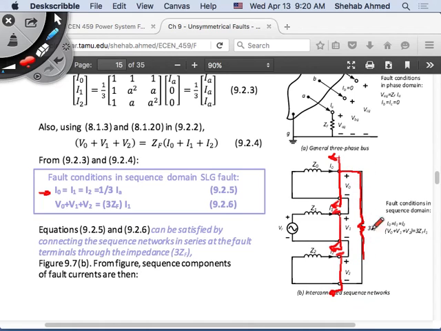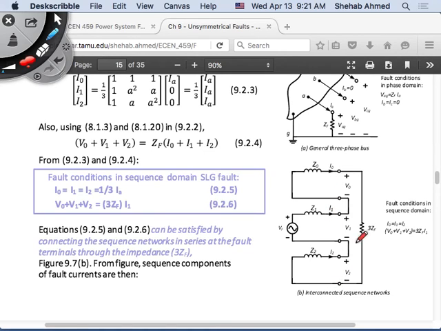I put the 3ZF here, and if I have the sequence current I1 flowing through it, I know that the voltage drop generated by I0 or I1 or I2, because they're all equal, flowing in this 3ZF will equal the 3 sequence voltages added together. So this is what these two equations give us. They allowed us to connect the Thevenin representation of the sequence circuits in a certain way.